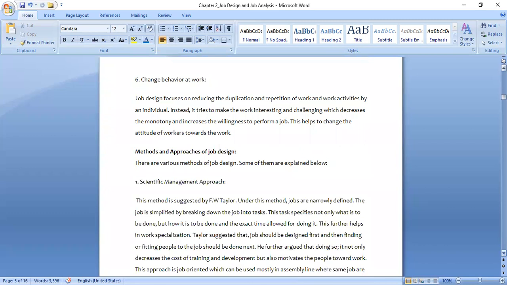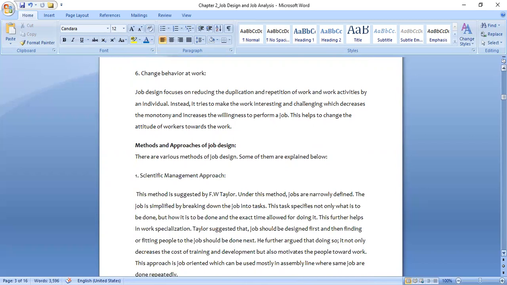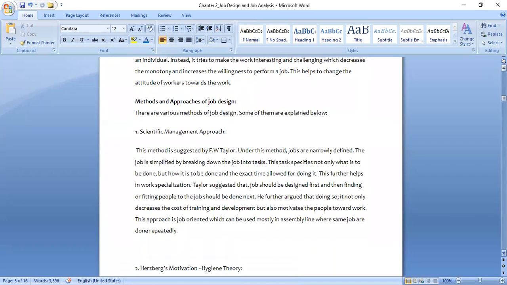Then job design also helps to change behavior at work, because if the employee has knowledge about the kind of work they're going to do and how they are going to do it, they will have a positive attitude towards their work.